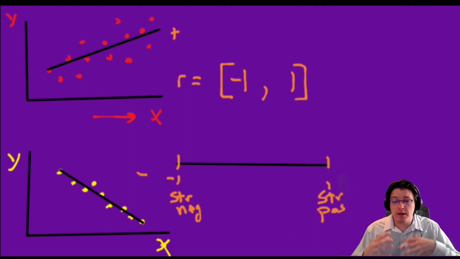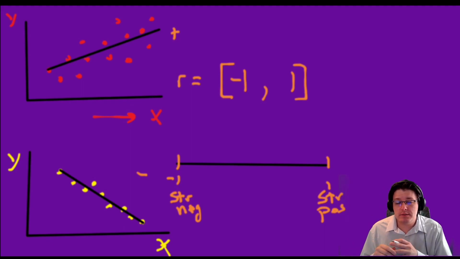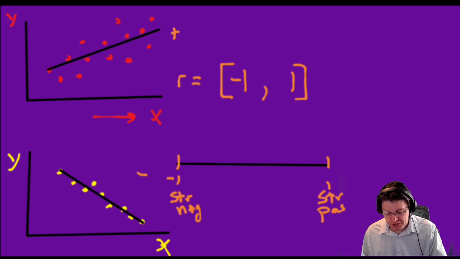So when we see a correlation, we know the sign, whether they move together or move opposite. The red dots up here move together: as X is larger, Y is larger, so that's a positive correlation. But it's not as strong as the yellow. Just based on experience, this might be an R of 0.92 or something.